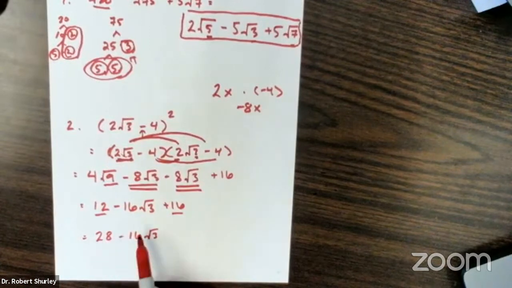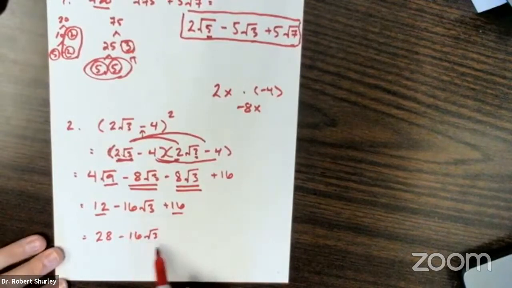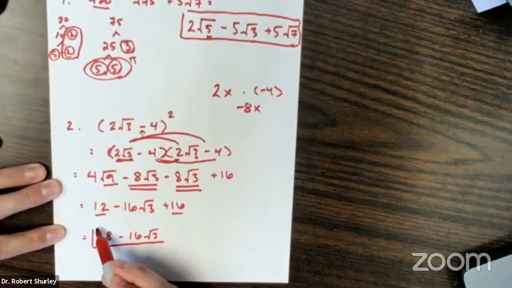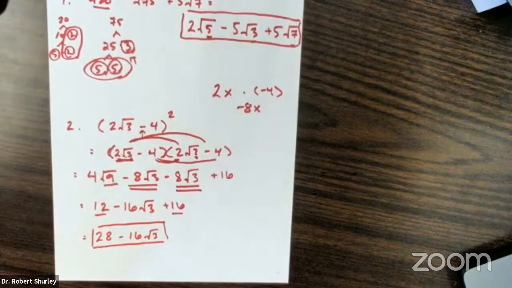But wait, no. It's not 12 because the 16 is attached to a square root. Okay, so therefore we're done. This is it. 28 minus 16 square root of 3. Okay.